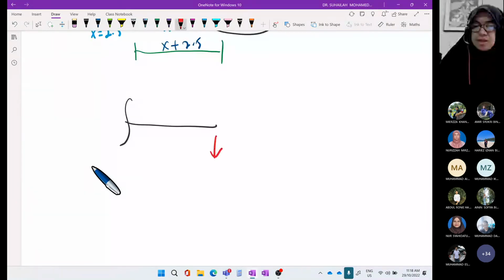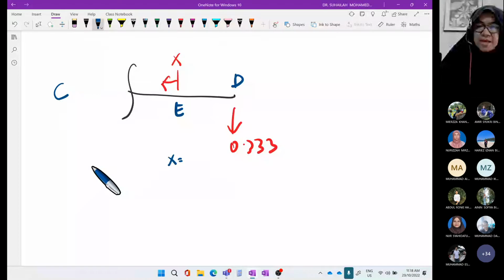X dekat sini. Sini X. A, B, C, D. C dekat sini. E dekat sini. Okay. So sini X is equal to 0. This is 2.5. So distance ni is 2.5 plus X.